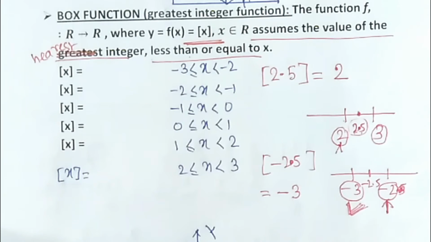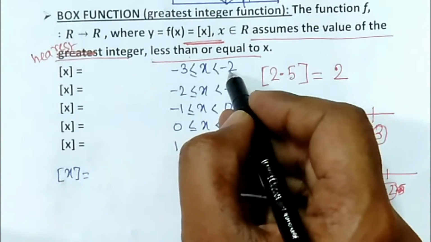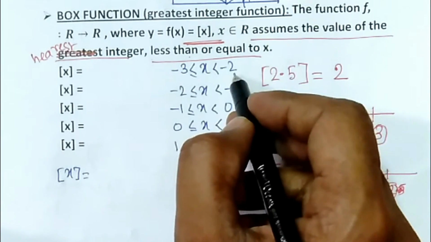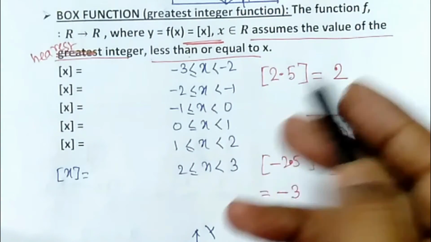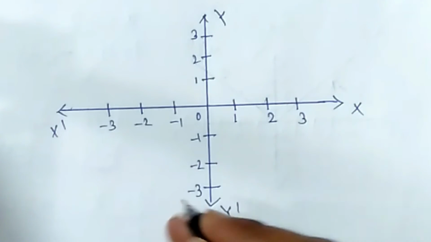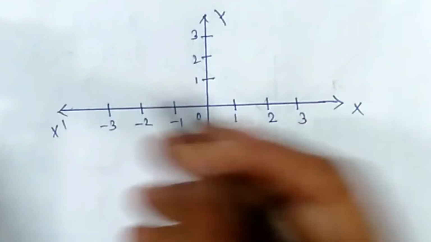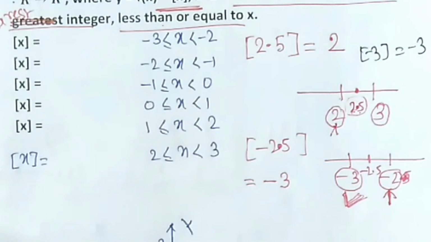Now try to understand very clearly and slowly. Look, if we take any numbers in between minus 3 and minus 2, including minus 3, in between minus 3 and minus 2 there are only fractions. Which number is lesser among minus 2 and minus 3? Minus 3. So if we take minus 3, then the value will be minus 3 clearly.